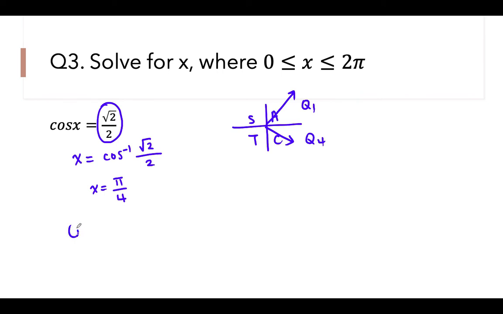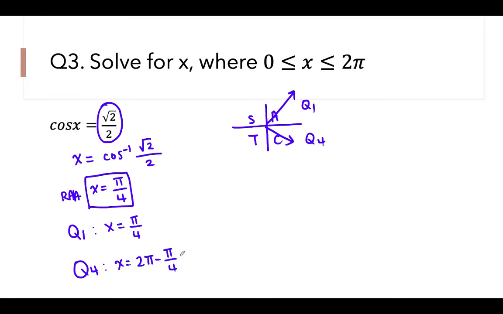So therefore, we already found the answer for quadrant 1, which is my related acute angle: x is equal to pi over 4. Now to find the answer in quadrant 4, we're going to do 2 pi minus my related acute angle, pi over 4.